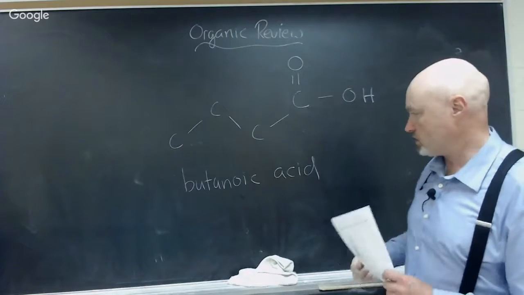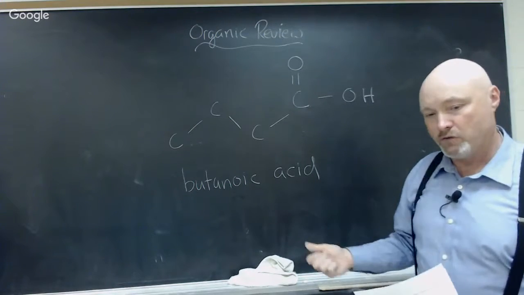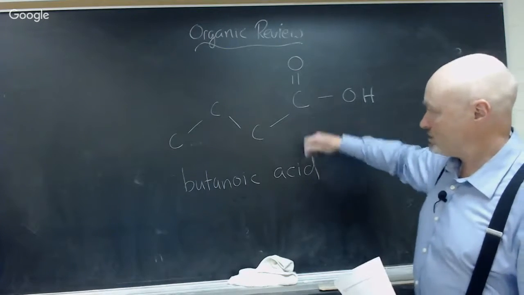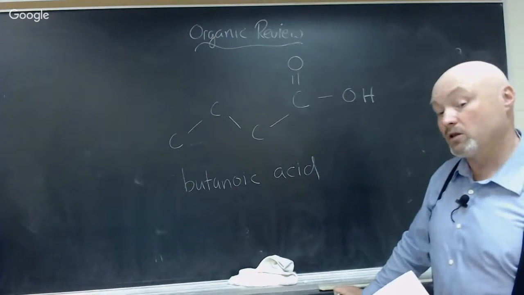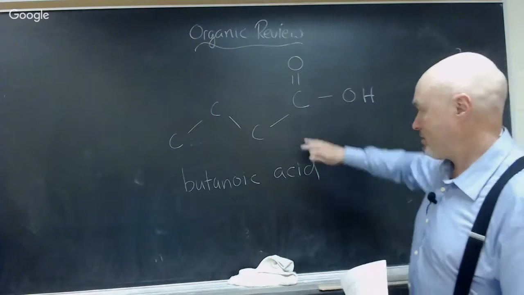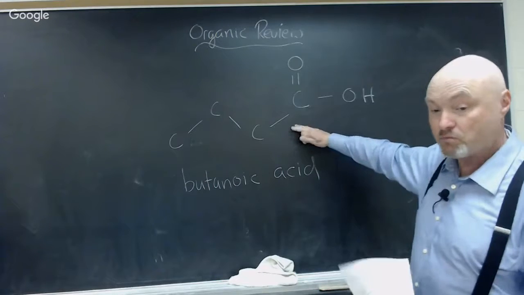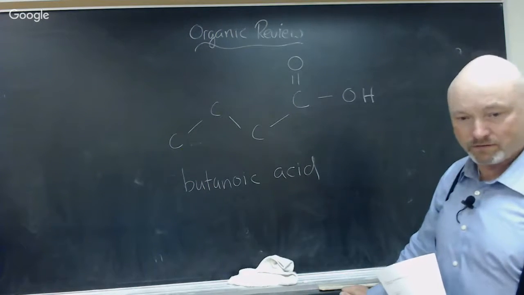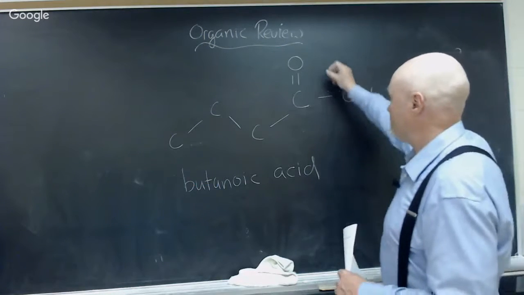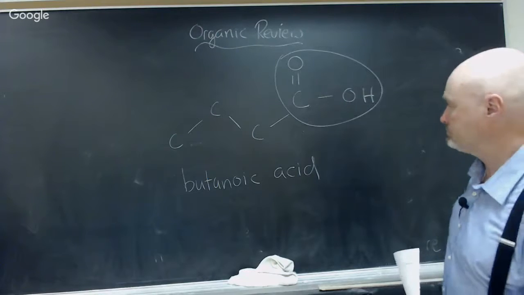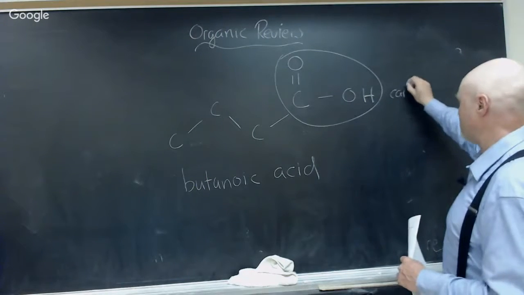Vinegar is ethanoic acid. Some of the molecules that make up the proteins in your body have a carboxylic acid group and an amino group. They're called the amino acids. So, pretty important class of molecule. But there's the functional group right there. And that's carboxylic acid.